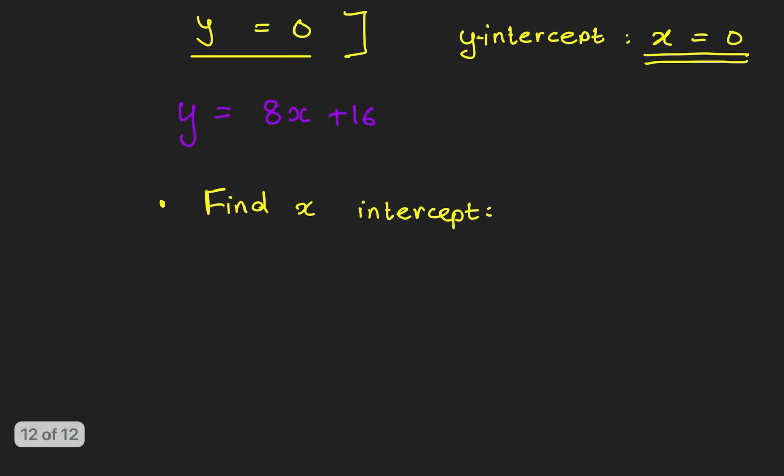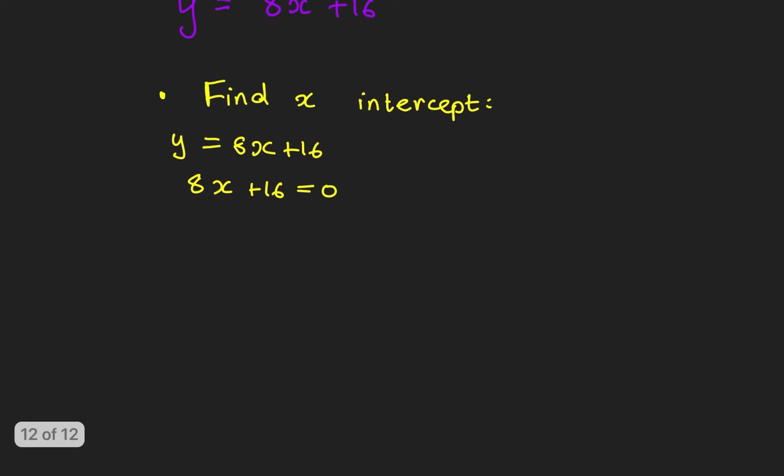Now let's look at how we can find it using a given equation. So with y is equal to 8x plus 16, let's by default put y as 0. So 8x plus 16 equals 0. Now in this case, x would then equal to, let's make it a bit more simplified, 8x would be equal to negative 16, as the 16 is brought to the other side.